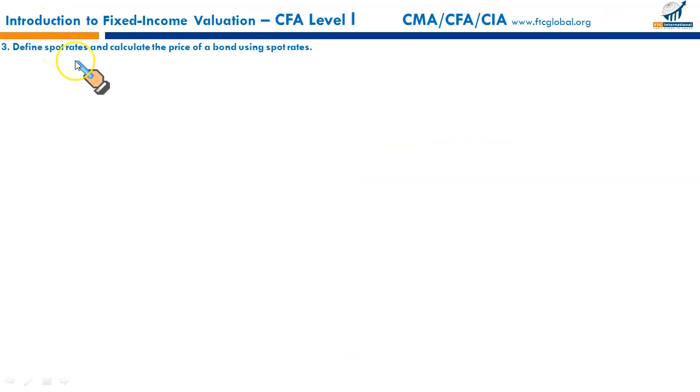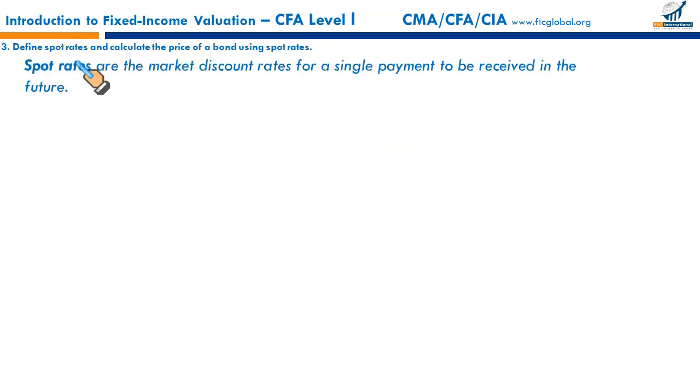So the next reading is define spot rates and calculate the price of a bond using spot rates. This is the definition. Spot rates are the market discount rates for a single payment to be received in the future. So basically the discount rates for zero coupon bonds are spot rates, and we sometimes refer to spot rates as zero coupon rates or simply zero rates.